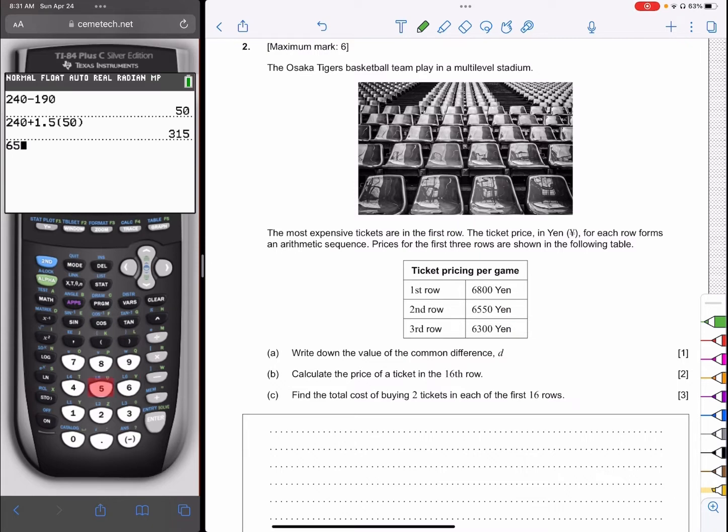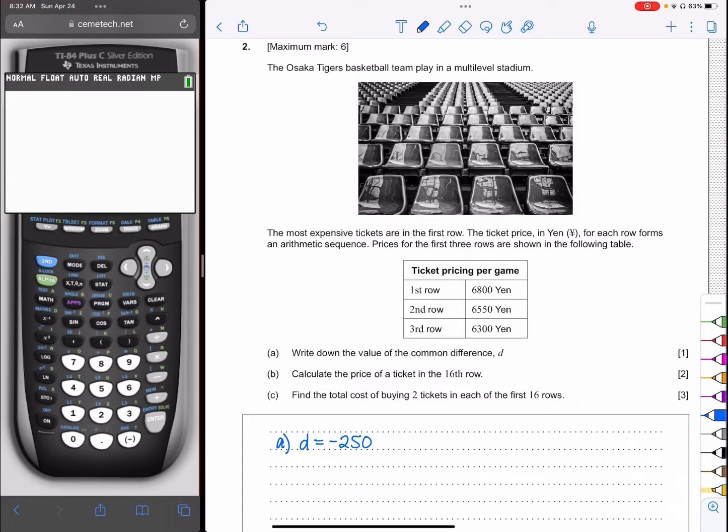You can also find that by doing your next term subtract your previous term, and I see that my difference is negative 250 because it's going down. 6,300 minus 6,550 is also negative 250, so that's my common difference. So for A, your common difference is negative 250.